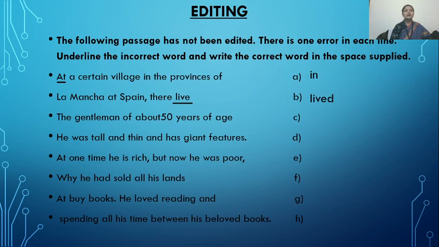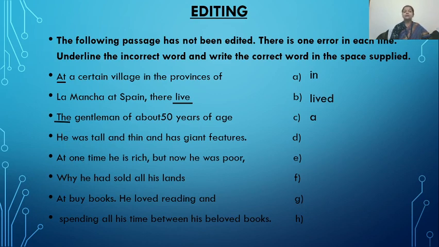So, the is used to point out a specific person. Here, as this gentleman is being mentioned for the first time, in the place of the, it should be a. A gentleman of about 50 years of age.